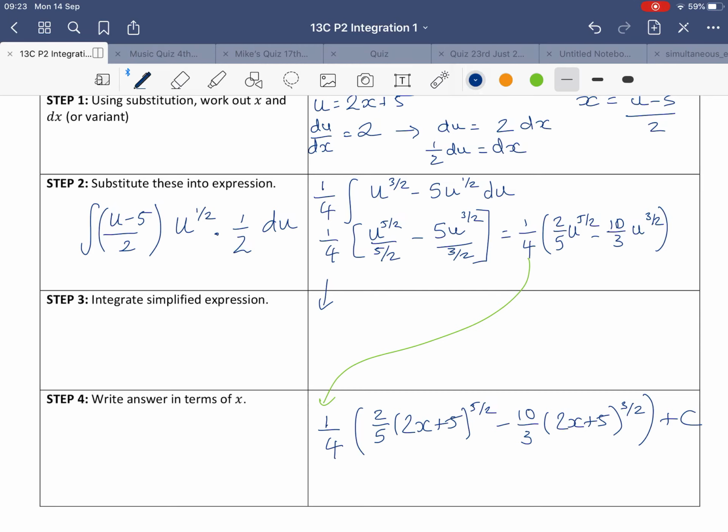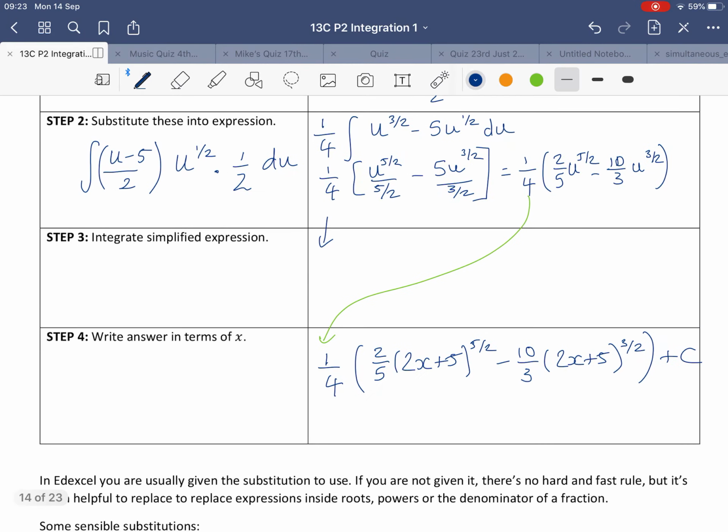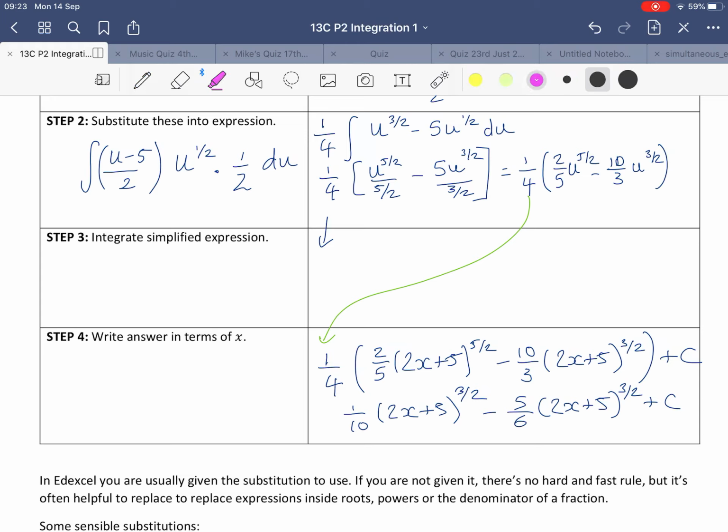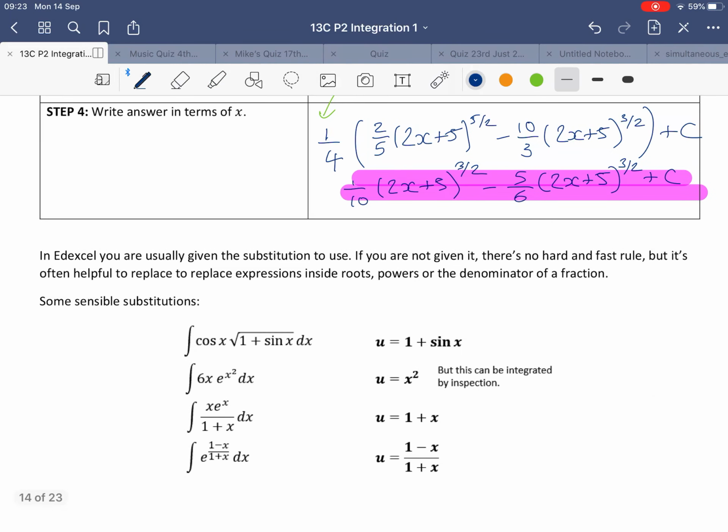I should probably expand that bracket out because it's a bit mucky. So we've got 2/20, so a 10th, minus 10/12, 5/6. So that's your answer. That's integration by substitution.